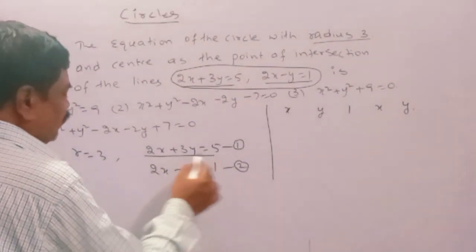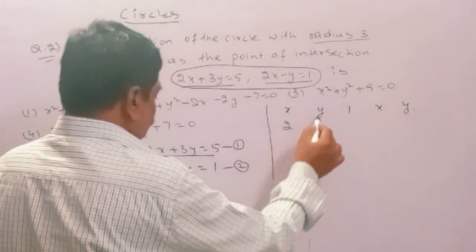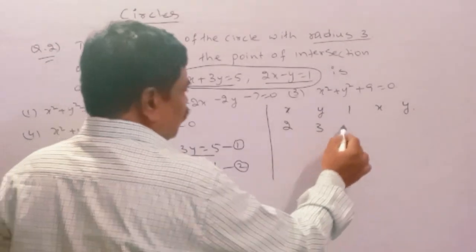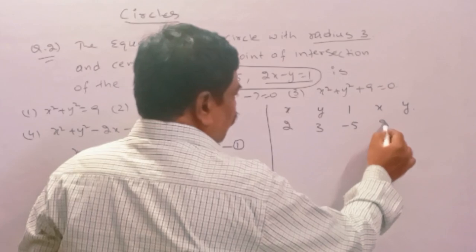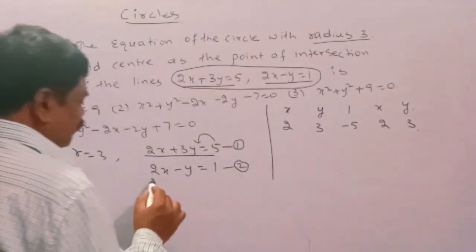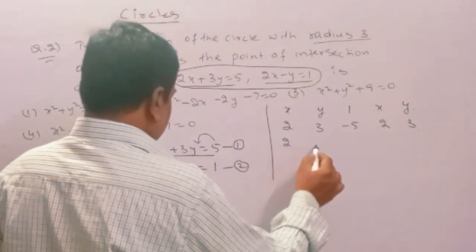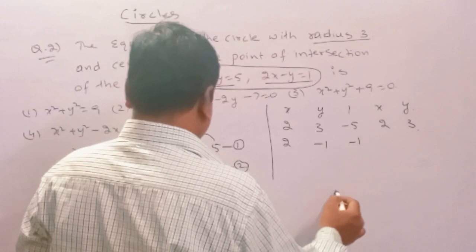The coefficient of x is 2, the coefficient of y is 3, and you can take minus 5 to this side: 2, 3, minus 5. From the second one, 2, minus 1, minus 1.